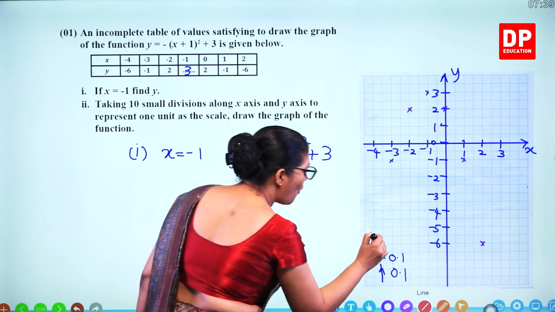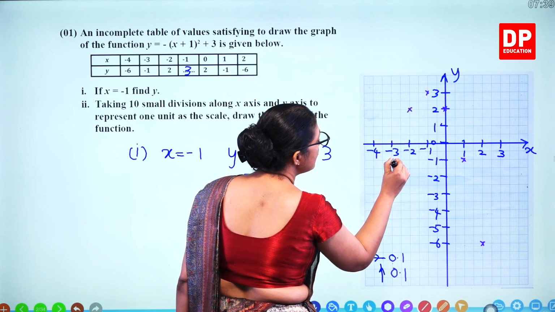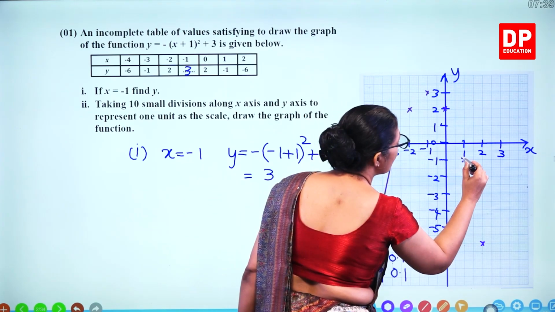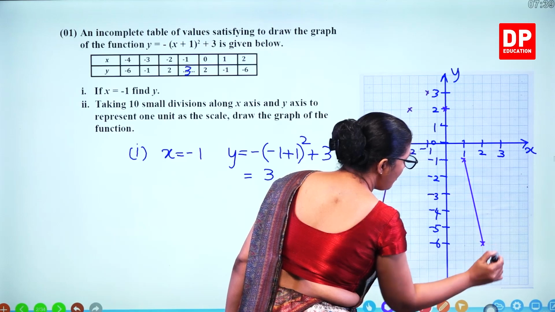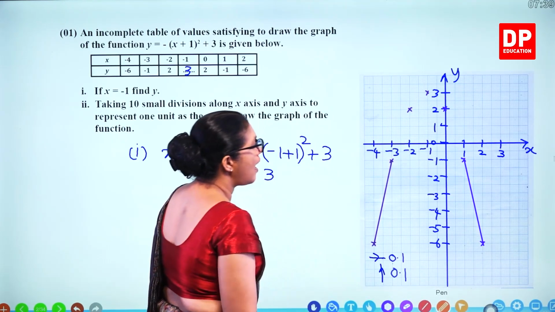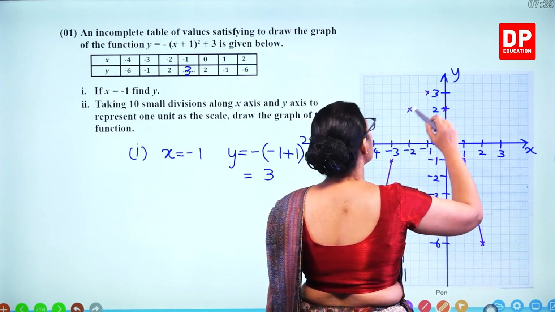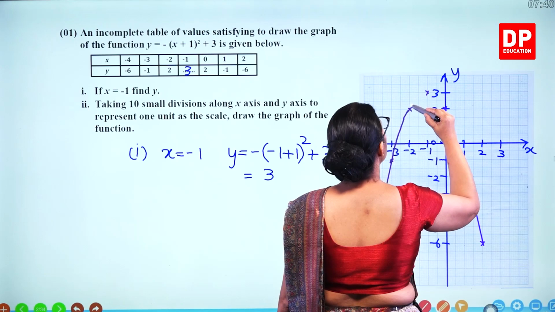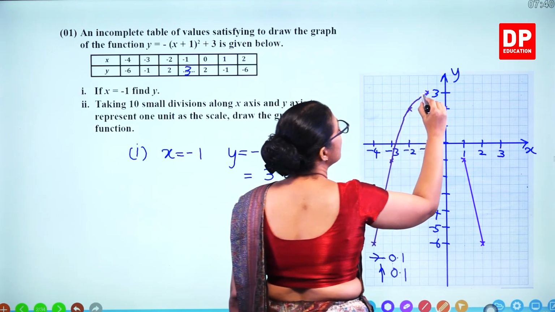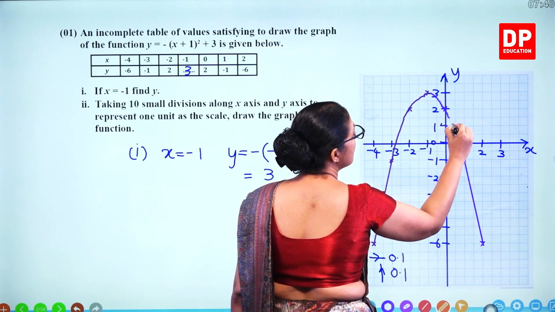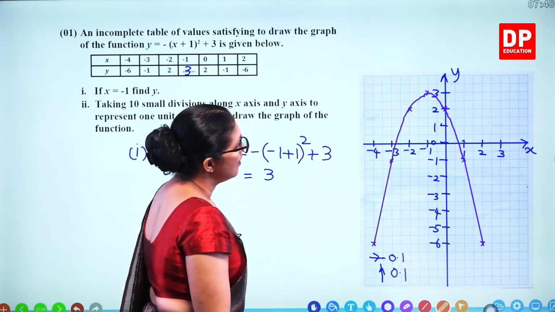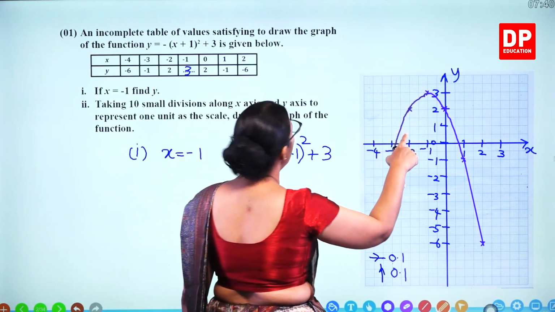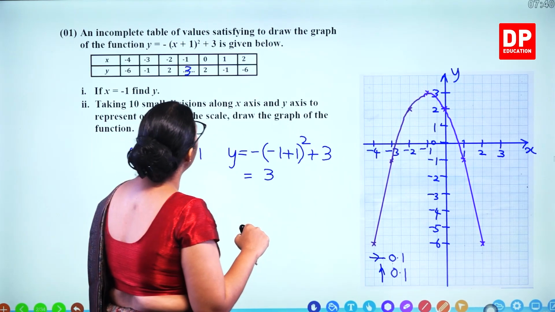I am using the ruler only to connect these endpoints. Then you can smoothly connect the other parts. So here this is the maximum. You can connect smoothly like this, and this one like this. So that's the quadratic graph y equals minus (x plus 1) squared plus 3.